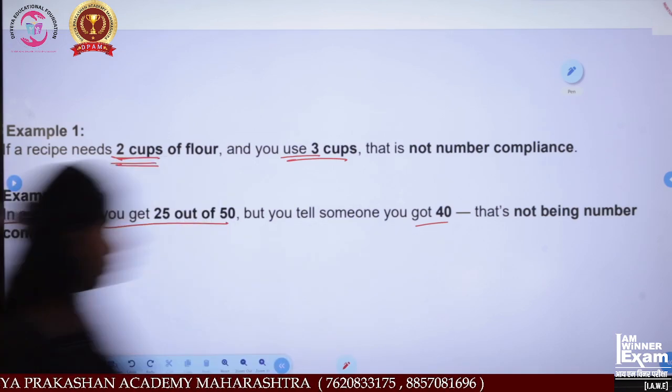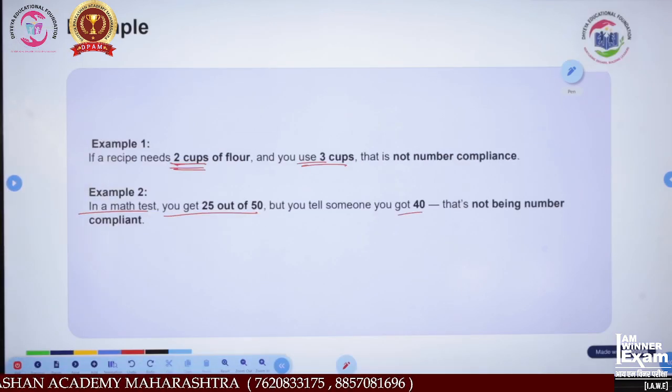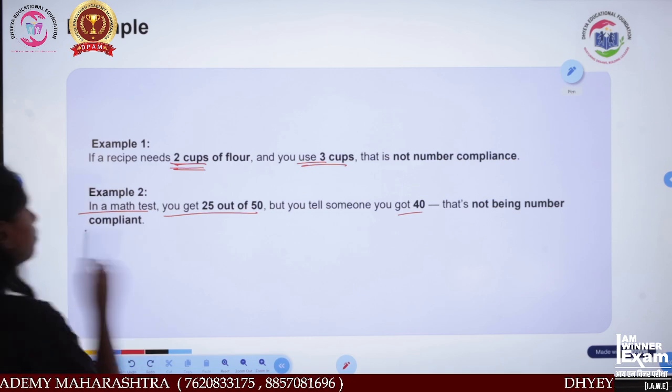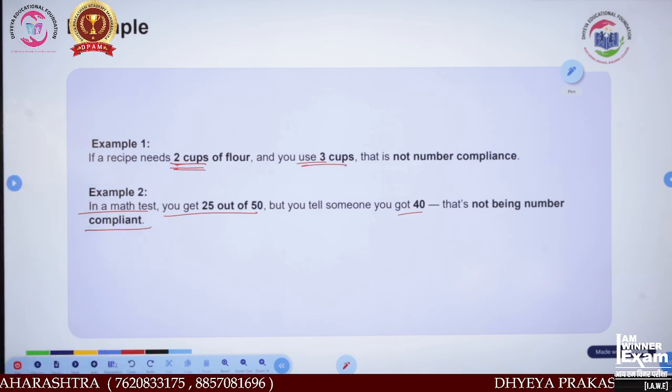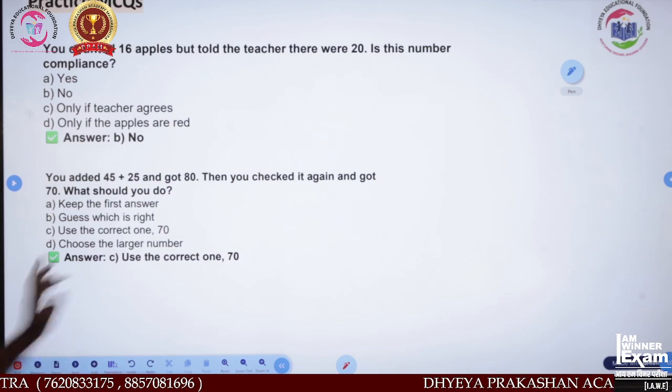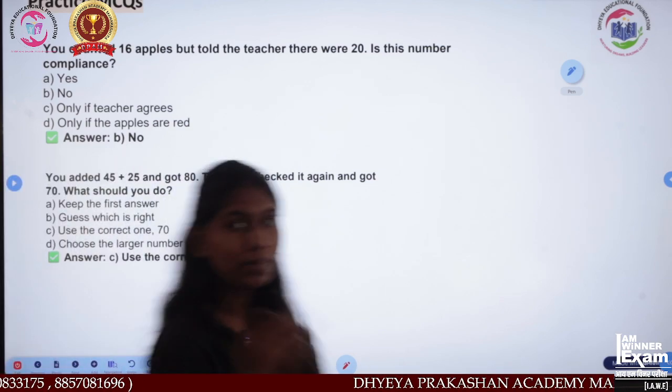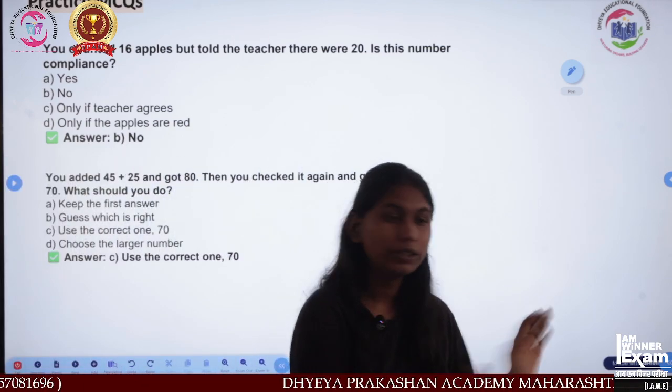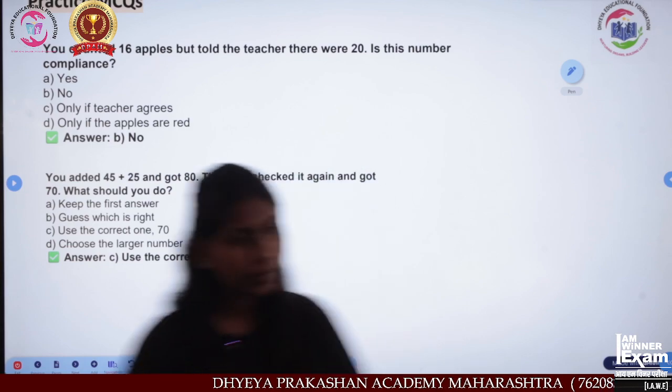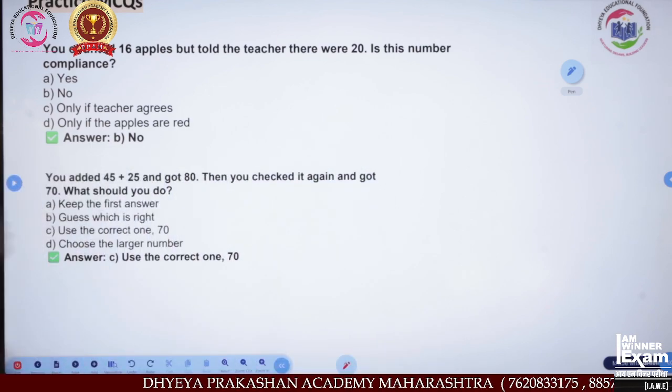That is not being number compliant. This is also related to numbers, right? You got 25 but you are telling someone that you got 40. So this is also not number compliant.